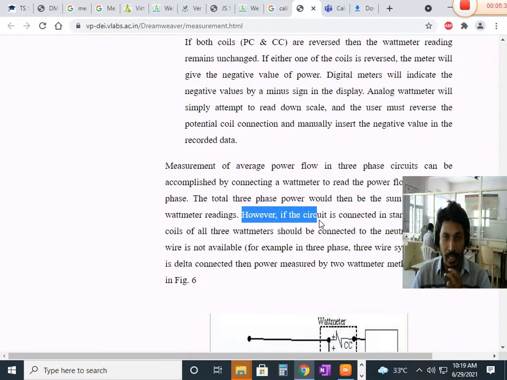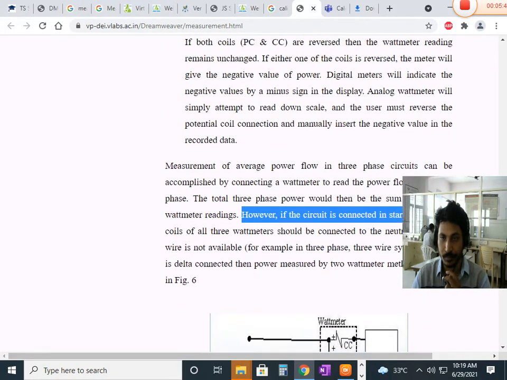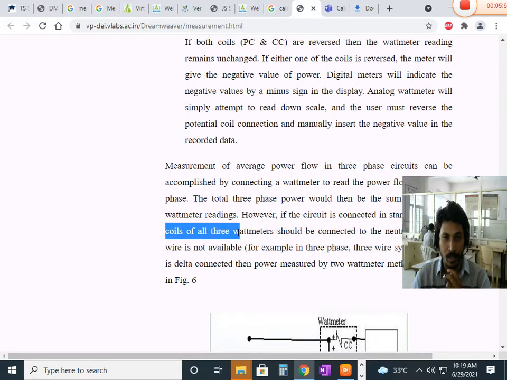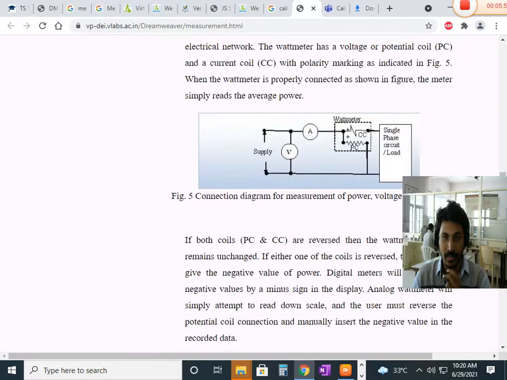However, if the circuit is connected in star, the pressure coils of all three wattmeters should be connected to the neutral. You can see here, this is for single phase supply.